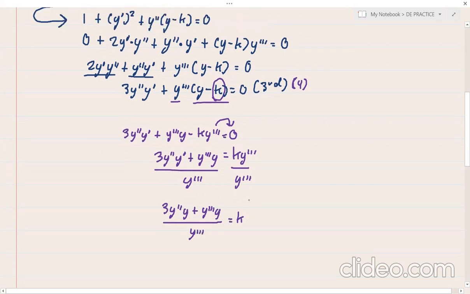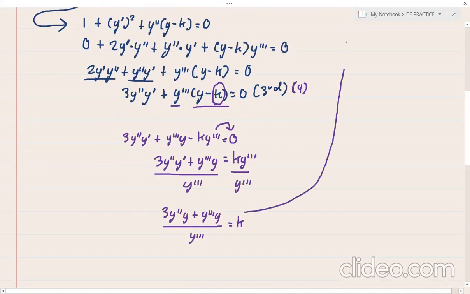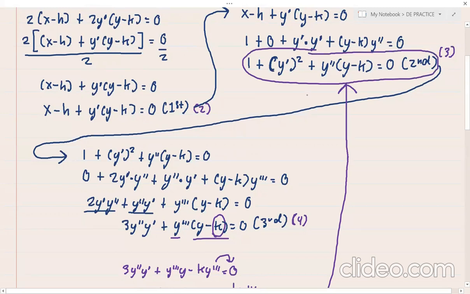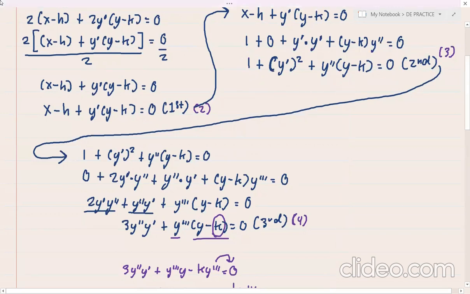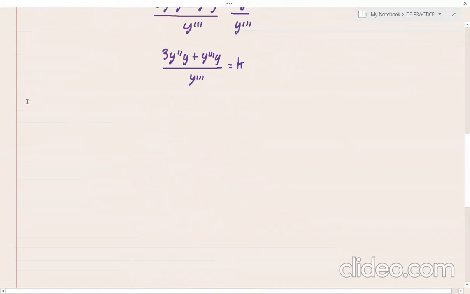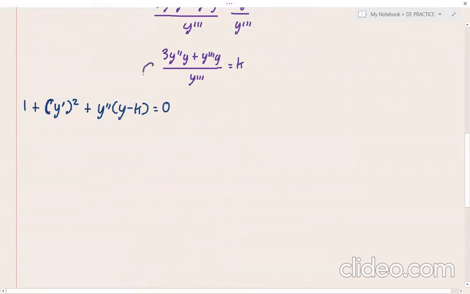Okay. Ngayon, i-substitute ko si k sa second derivative ng given equation or yung third equation mismo, which is ito yun. Okay? So, ikopya ko lang to kasi alam ko medyo mahaba to. So, ilagay natin siya dito. We have this one. Okay, yung third equation mo. So, i-substitute ko si k dito.